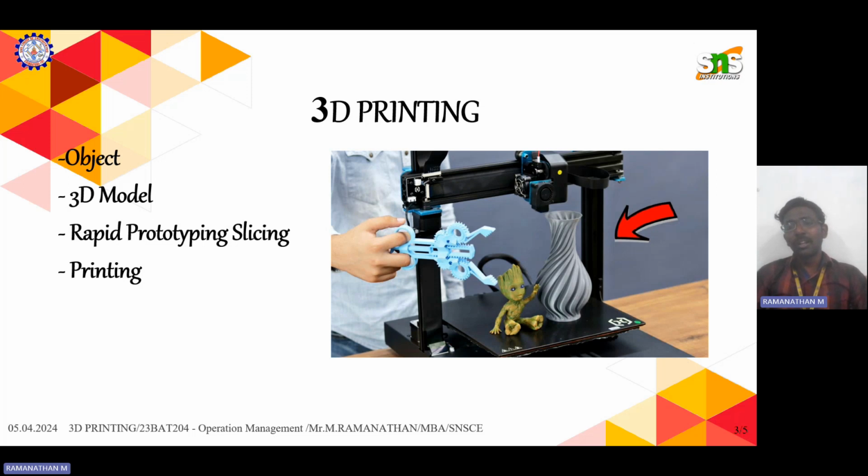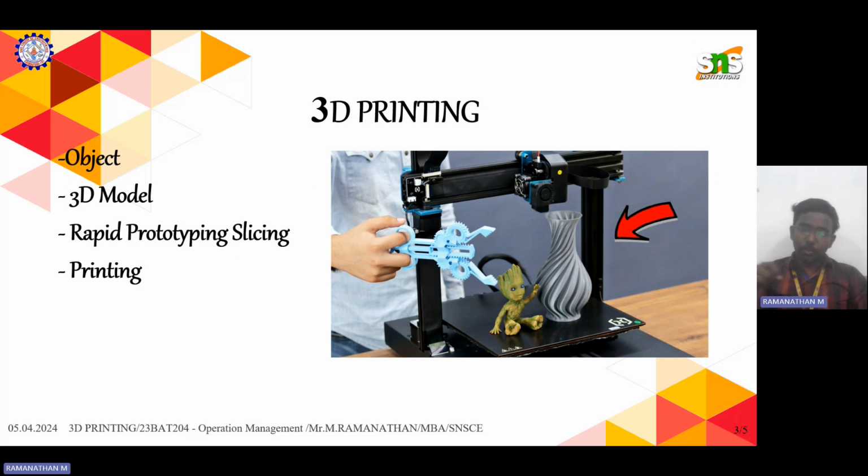We can give it for pivot testing. If the product is successful, we can buy the machinery and implement it in a manufacturing unit. So rapid prototyping slicing is an important feature of 3D printing, because it is a continuous process, layer by layer.